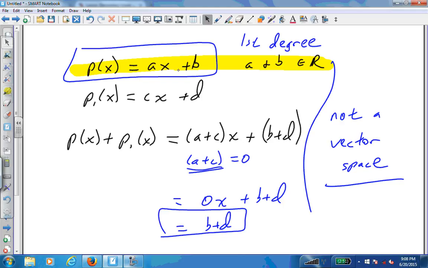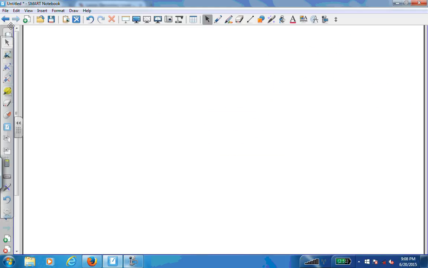Here we didn't make any limitations on our coefficient of x, our coefficient of b, and that ended up making something that was not a vector space. So let's look at another example real quickly before we wrap it up, of something that's essentially over-restricted.